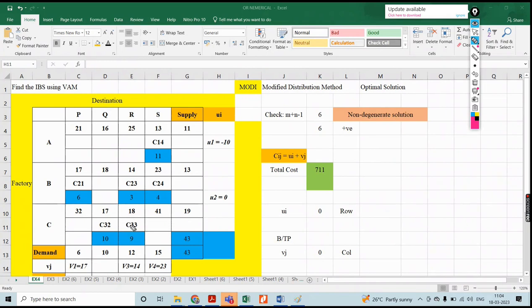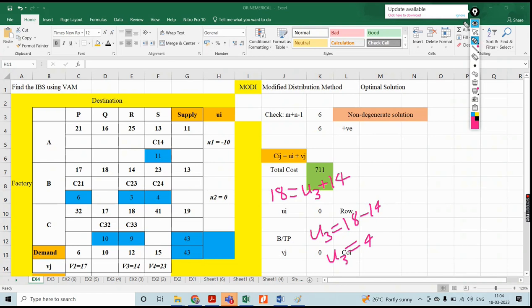So we will get it from C33. What is C33 value? 18 rupees equal to, U3 value you know? No, U3 is unknown, plus what is V3 value? 14. What is U3 value? 18 minus 14. This is 4. We got U3 equal to 4.